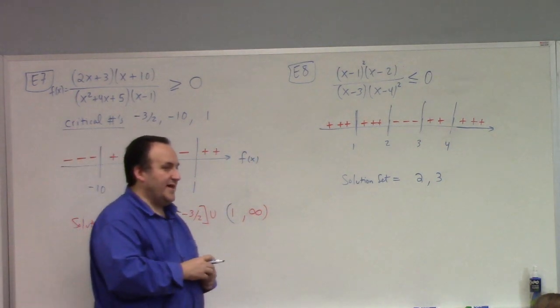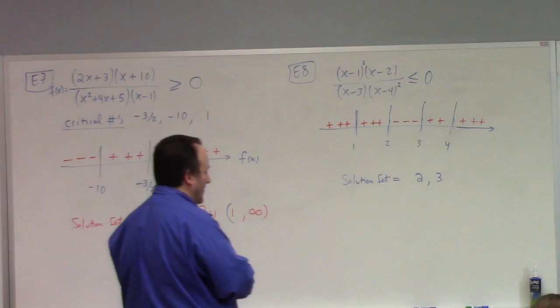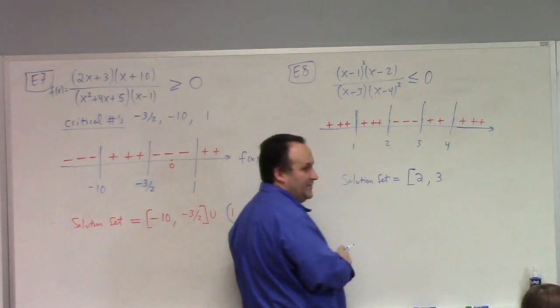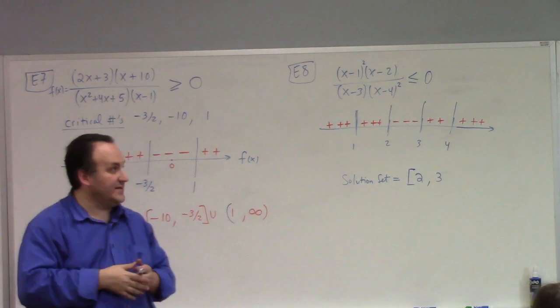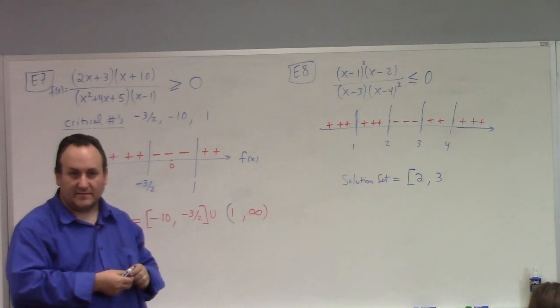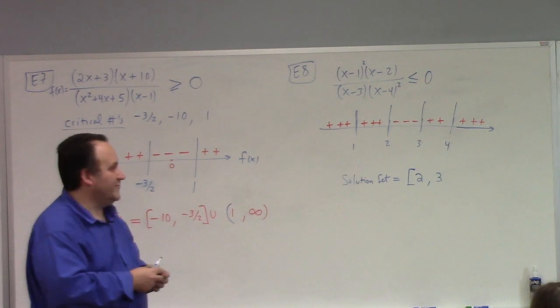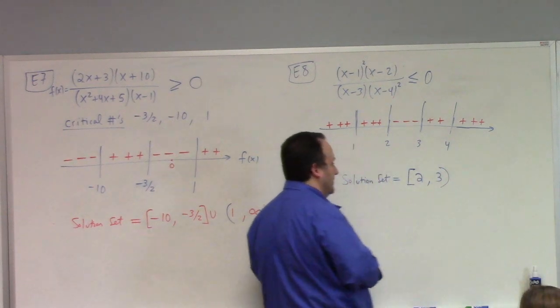Bracket 2? I've got to vote for bracketing 2. How many people say yes? I would agree with that, because that makes the numerator 0, which is desired, right? And how about 3? Well, 3 we need parentheses, because that would be division by 0. We need to exclude the 3. There you go.